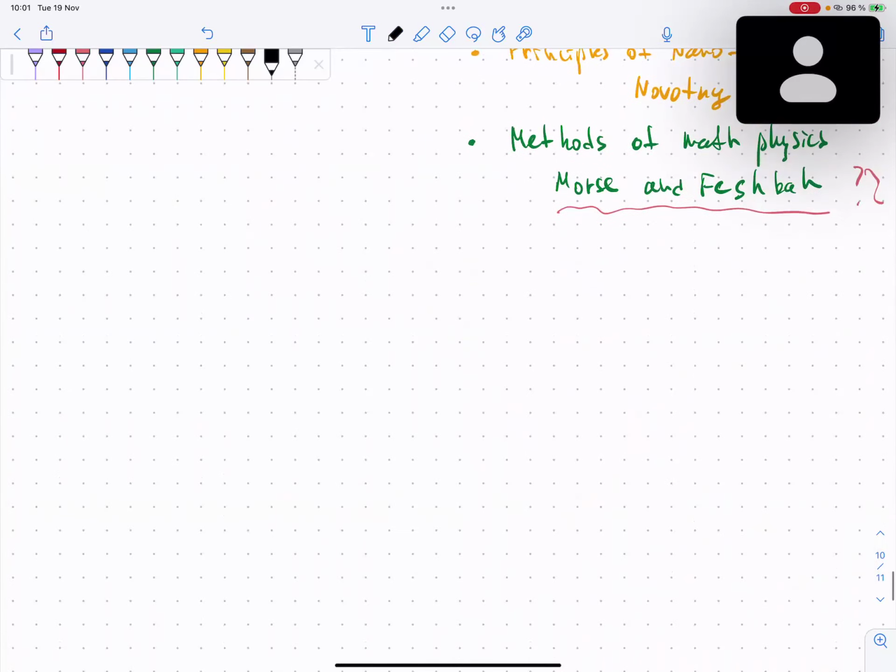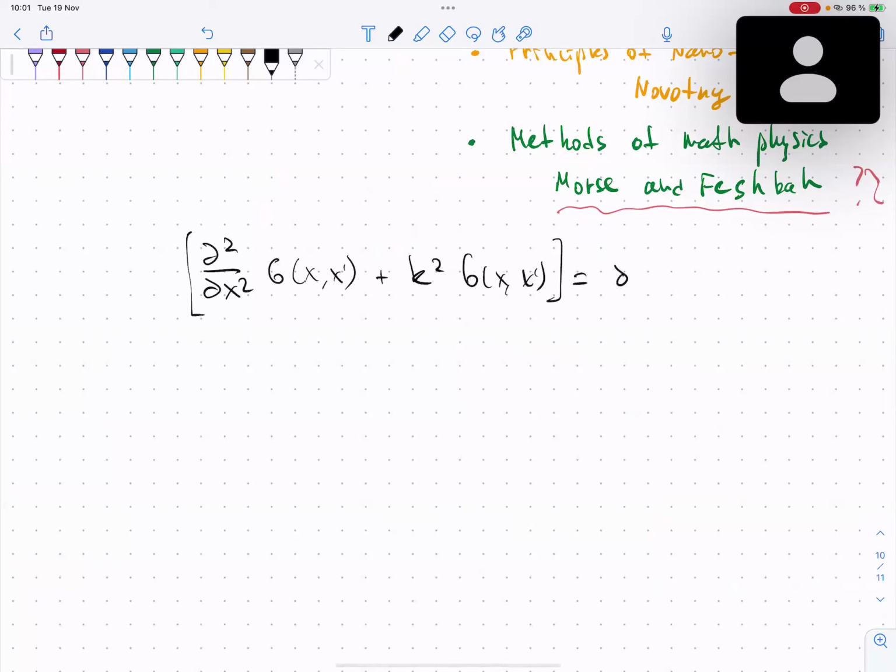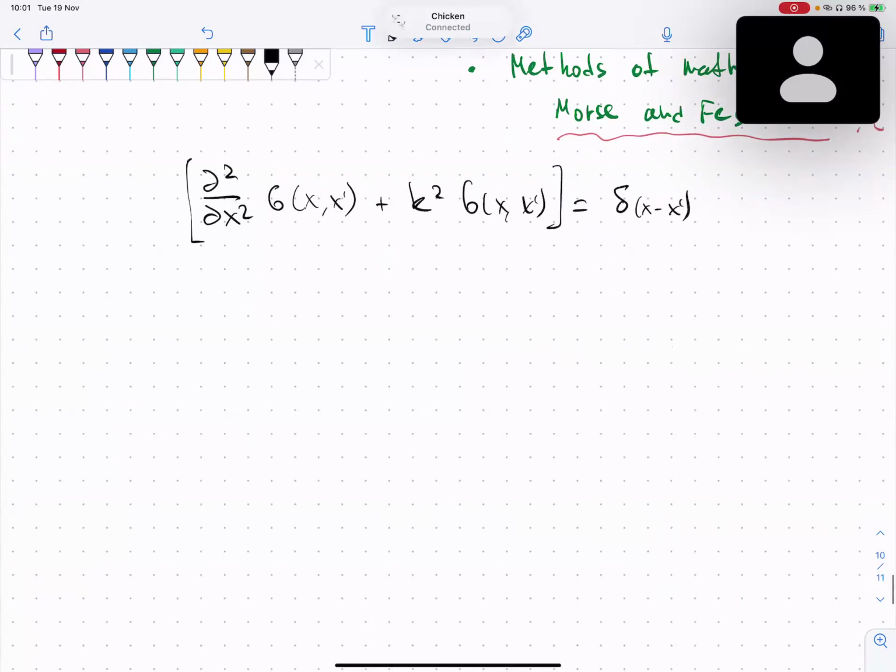So, for example, in the case of the scalar Helmholtz equation, the Green function will satisfy the following equation: g of x and x prime equals the delta function of x minus x prime. We can also write the Green function for the three-dimensional case.